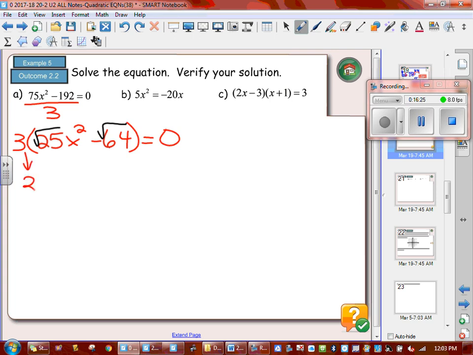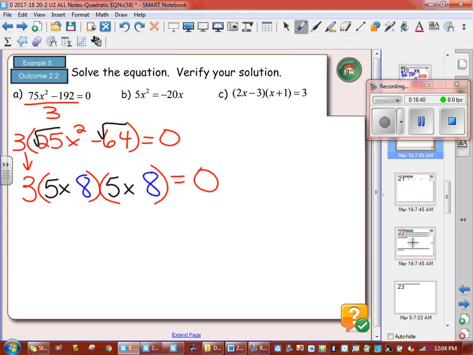When I square root the first term, I'm going to get 5x to start both brackets. And on the end, I'm going to get an 8. We separate with plus and minus. Now, because we have a number in front of x, that's going to change how we solve our question. So we're going to have 5x plus 8 equals 0, and we literally solve for x.